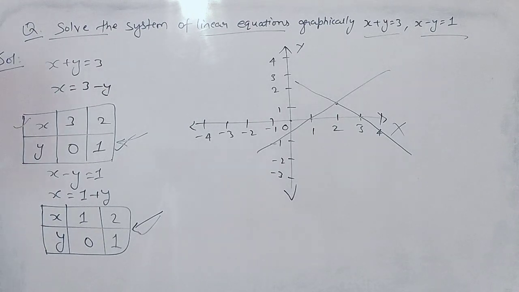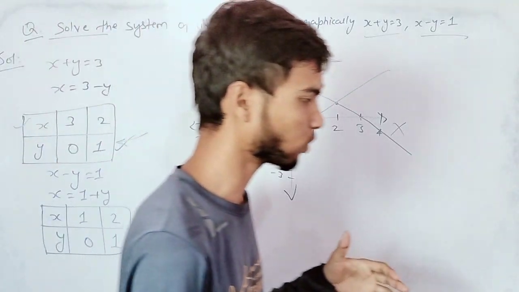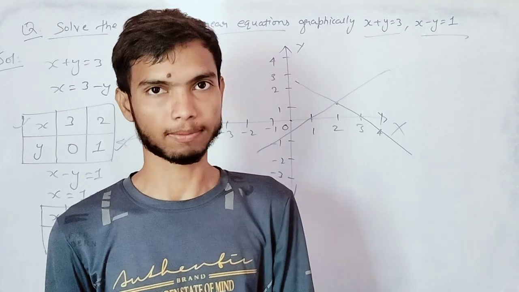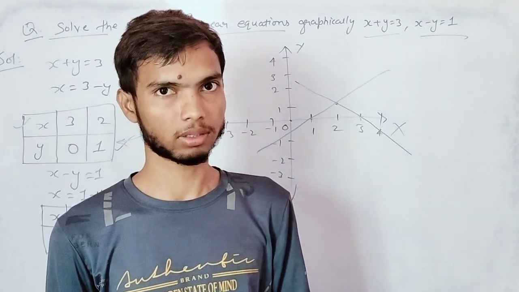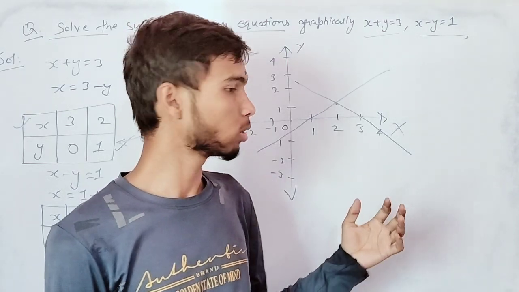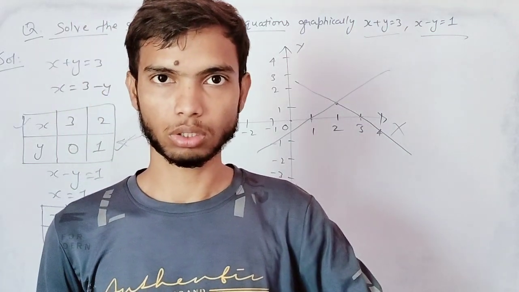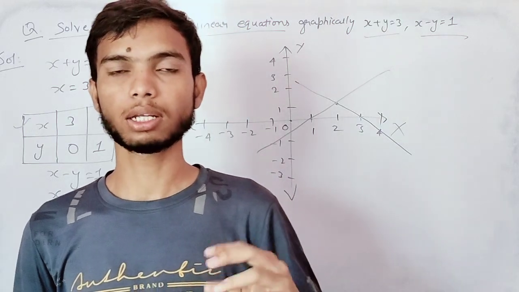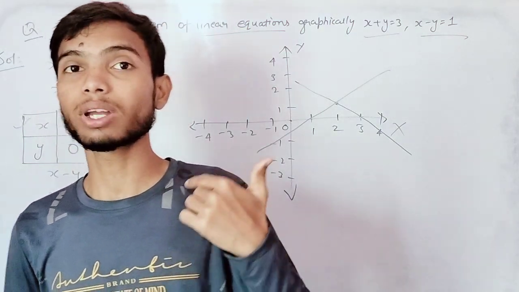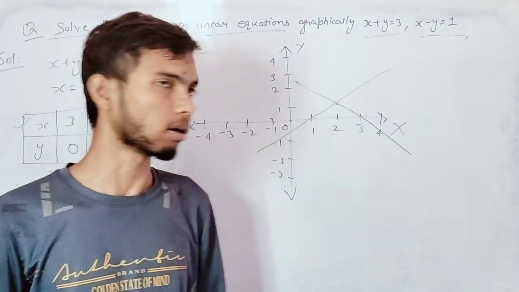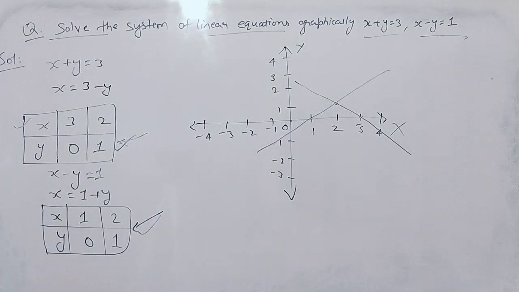You will understand if two lines are intersecting to each other, then what will we say? If these two lines are not intersecting, both lines are parallel to each other, then what will we consider those lines? We will understand just after a few minutes.